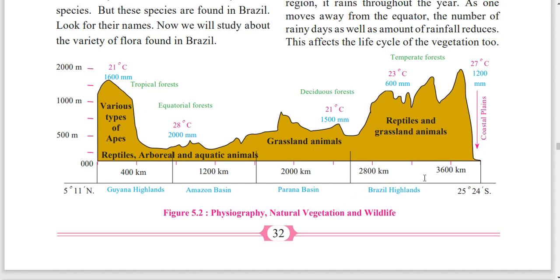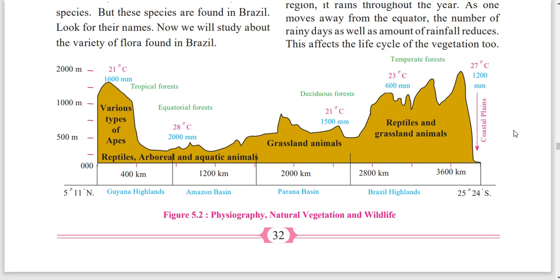Then we further move towards the south, in the Brazil highlands, reptiles and grassland animals will be found, and temperate forests will also be found. Here coastal plains are there in small areas.